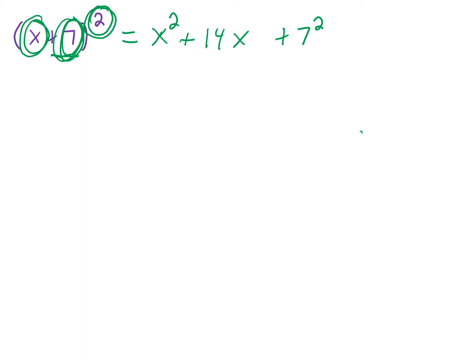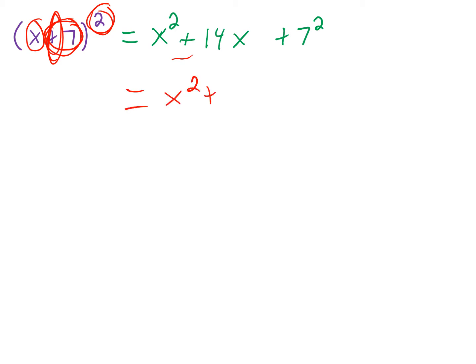The first term and last term are always going to be positive because we're squaring things. The middle term could be negative, but in this problem it's not, because it's basically like I'm doing 2 times positive 7, that's positive, and then times x. So if there's a minus here, which we'll see in a few minutes, then it would have been 2 times negative 7, and we'd get a negative answer here. So the answer to that is x squared plus 14x plus 49.